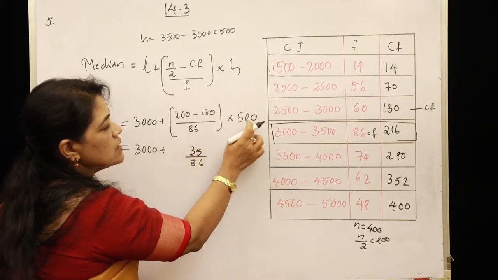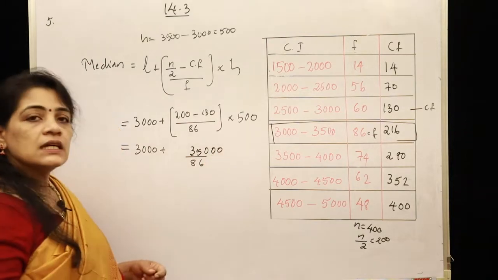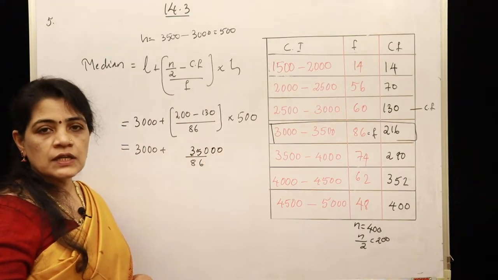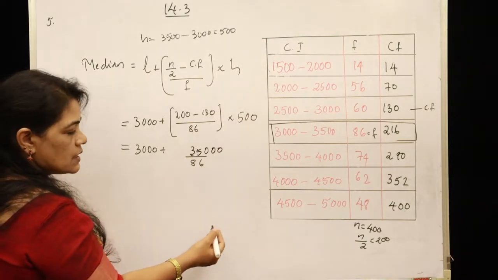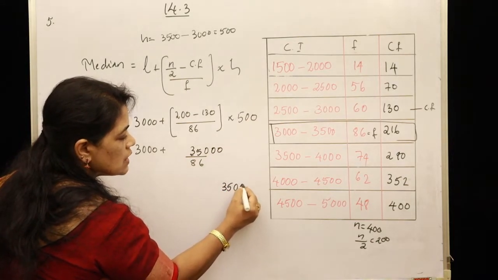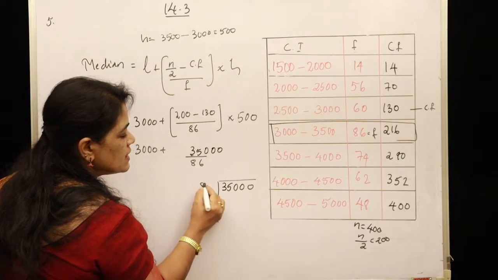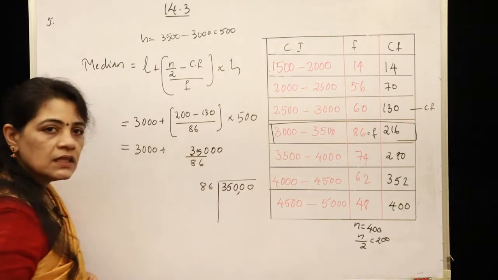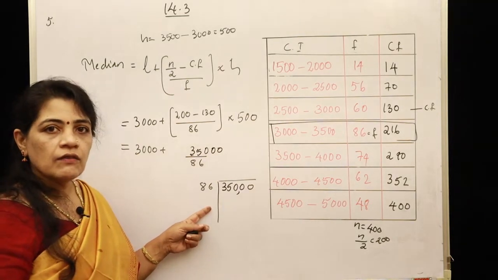With how many zeros? 3 zeros. That is 35,000 divided by 86. That is what we are going to do in the next step. We can start with 350. In 350 what can be taken?